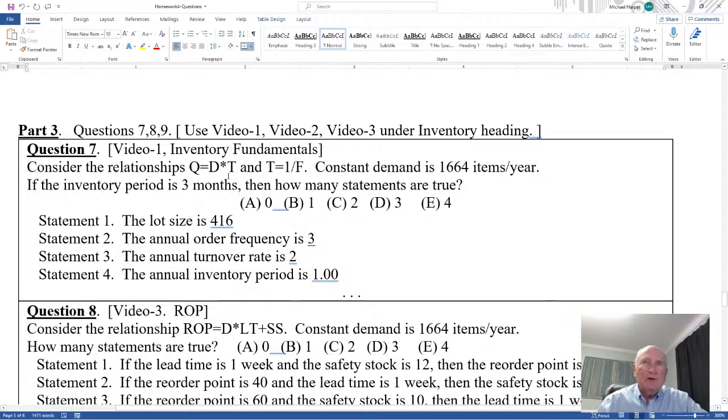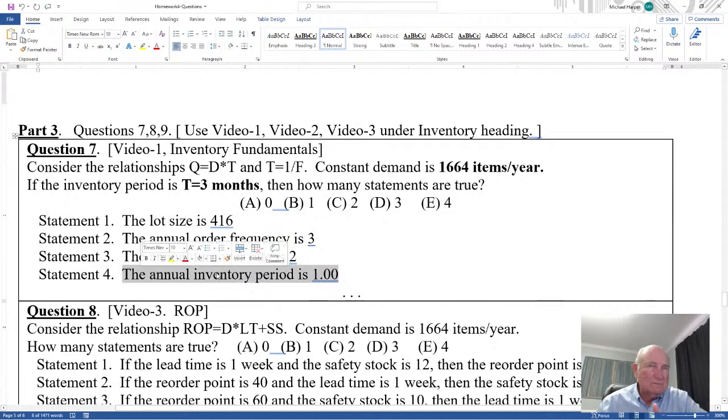For Q equals dt here, I have the demand. Again, it's the same demand. Inventory period is 3 months. Let me just say T equals 3 months. That's all I have. So I have Q equals dt. But down here I ask, what's my lot size? What's my annual order frequency, annual turnover rate, annual inventory period?